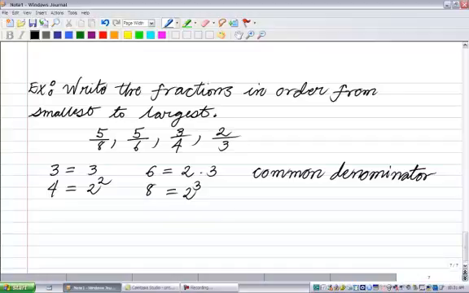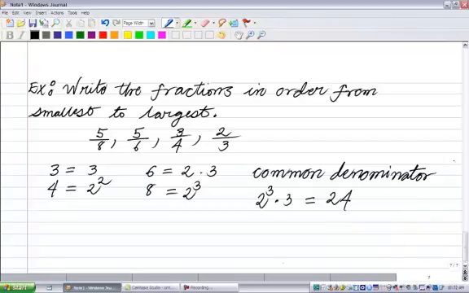The factor 2 occurred in 3 of the 4 numbers. The highest power of 2 is 2 to the 3, so I'm going to pick 2 to the 3. Then 3 occurred there, so I'm also going to pick 3, the highest power of 3 being just 3. So that is 8 times 3, which is 24. So the common denominator I can pick is 24.